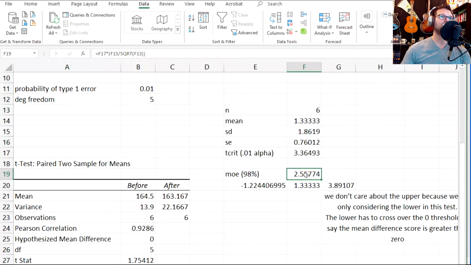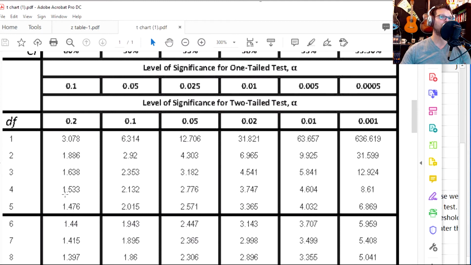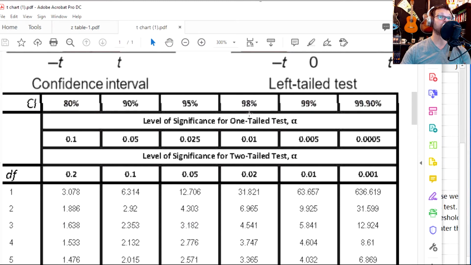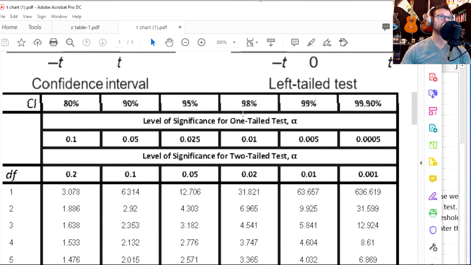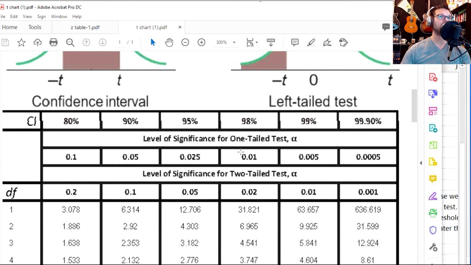And so what I'm going to do right now is with the margin of error of 98%, you can actually pull up the t-chart and do margin of error with 98%, and come down here for margin of error with a one tail. Okay, so you notice confidence interval of 98% is the same as a one-tailed test of 0.01.